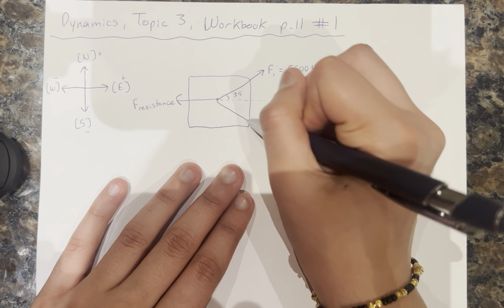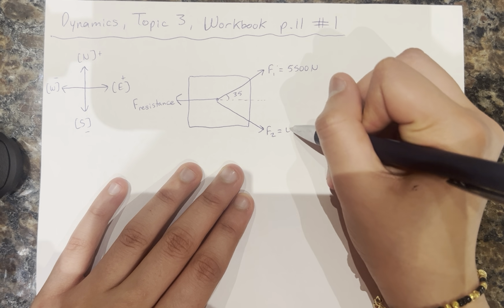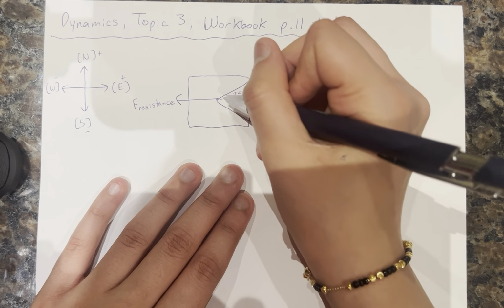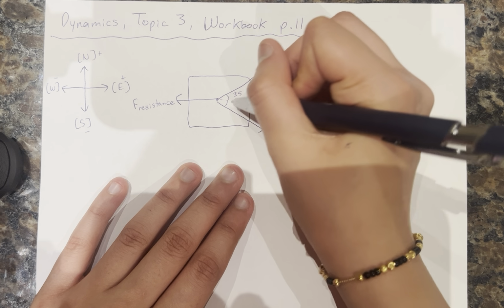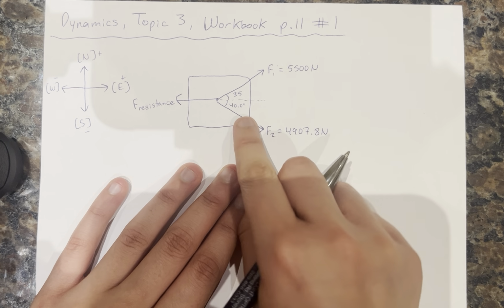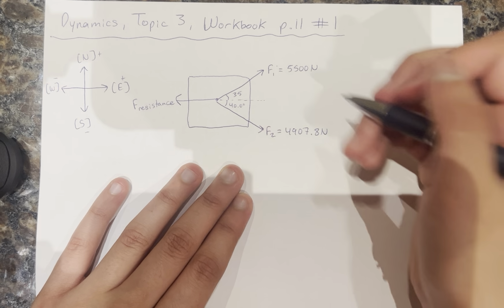And then it also tells us F2, which has a value of 4,907.8 newtons, and the question tells us that it's being pulled at an angle of 40.0 degrees south of east.